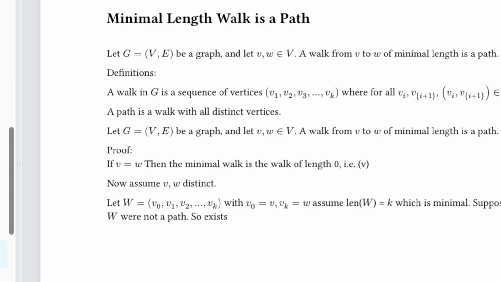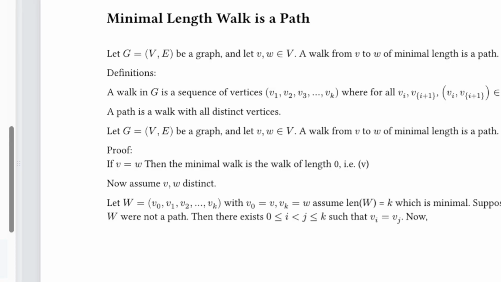So suppose that the walk were not a path. Then there exists an i and a j, which are distinct, which have the same vertex. Basically, if it's not a path, then there's a repeated vertex, such that vi equals vj.